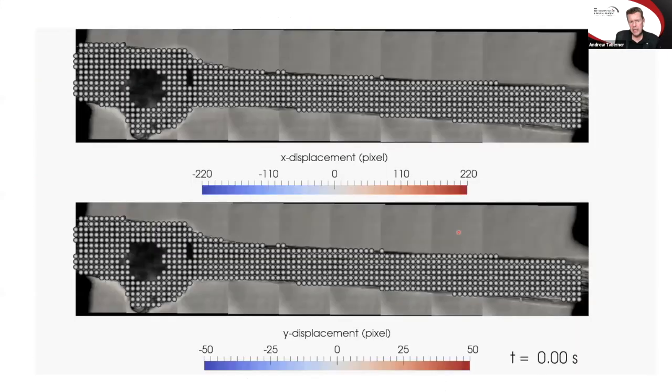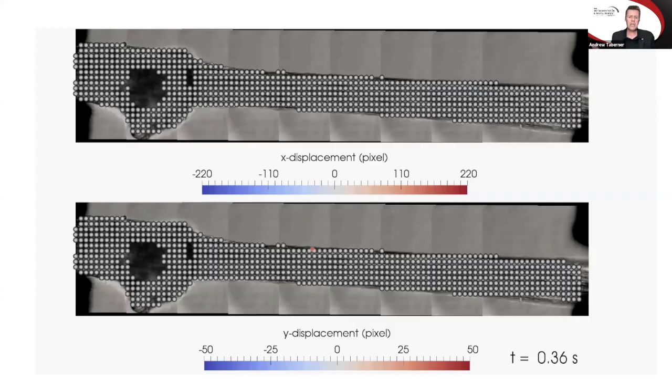Now, this technique allows us essentially to seed our muscle sample with a bunch of little spots that we can now track. These are just material points that are created in our software. We're tracking the centroids of these spots during muscle contraction. This top plot is going to show the X displacement from the image, and the bottom is going to show the Y. Red means that the pixels are moving to the right, and blue means to the left.